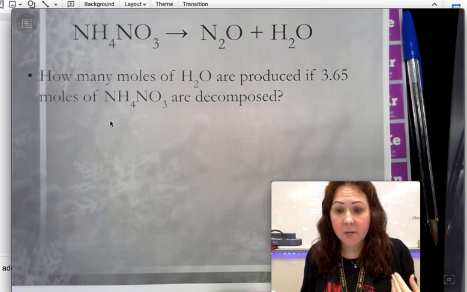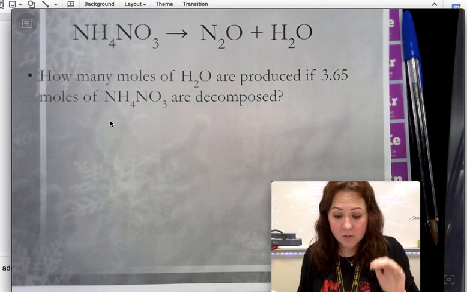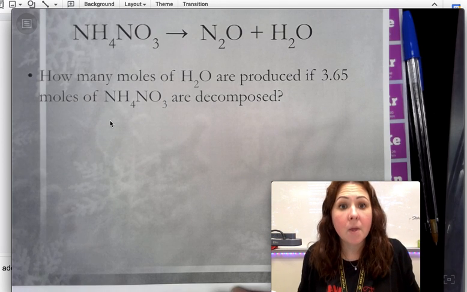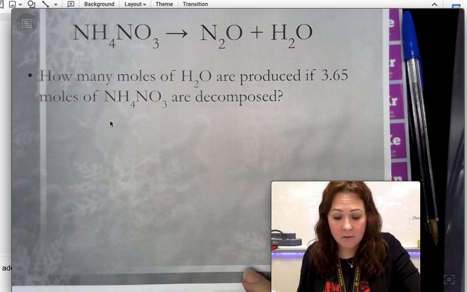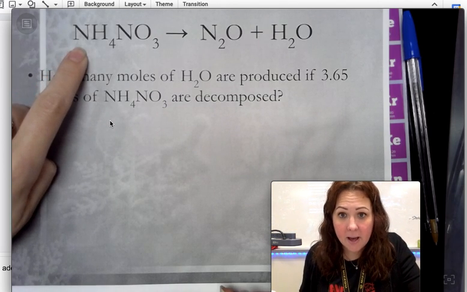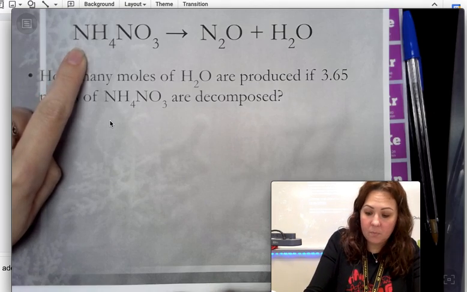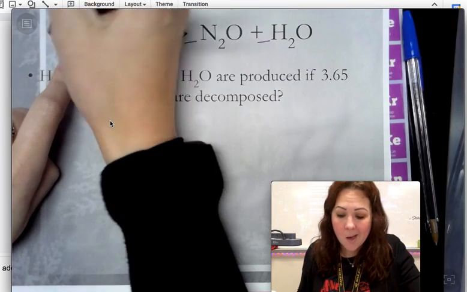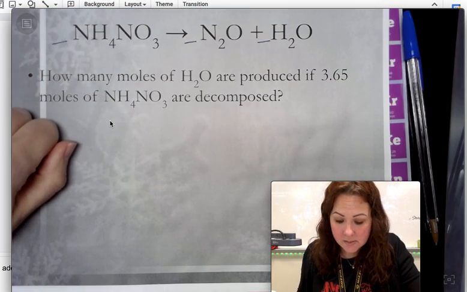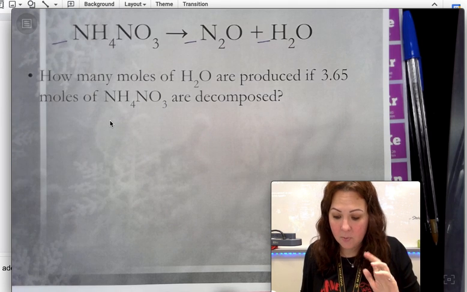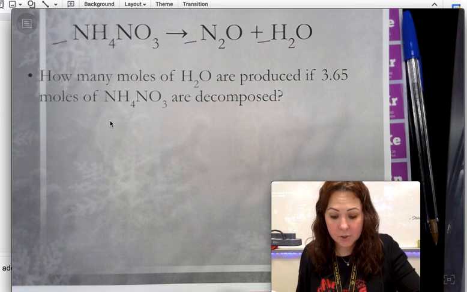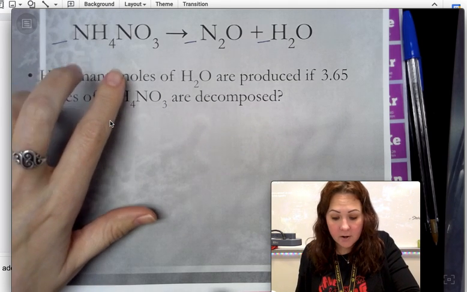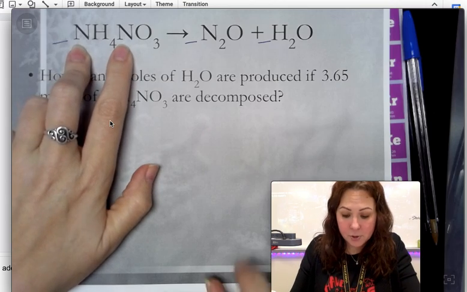Your first step, because you do need a mole-to-mole ratio, is always balance your reaction. I am given a reaction that is unbalanced in this one, so I'm going to have to balance it out. When you balance these out, you just have to make sure you have the same amount of both elements on both sides of the reaction. My nitrogen here, I have 2, and I have 2 nitrogen.